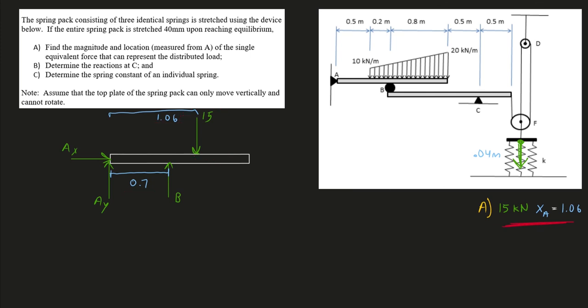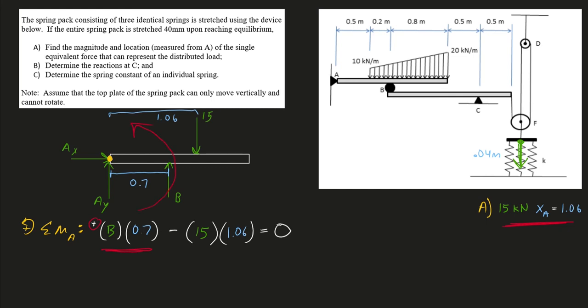So if I sum the moments about point A, I know I'll be able to calculate the force from that roller. So I know that B will create a positive moment. I'm going with counterclockwise is positive, B will want to rotate this member counterclockwise about A. My 15 will want to rotate us clockwise about A, so I give it a negative moment, and it's 15 times its moment arm of 1.06.